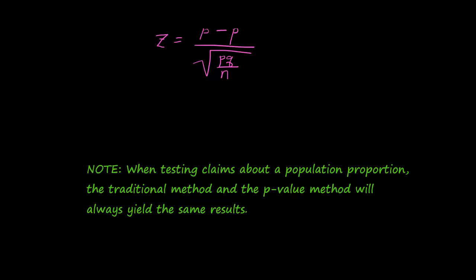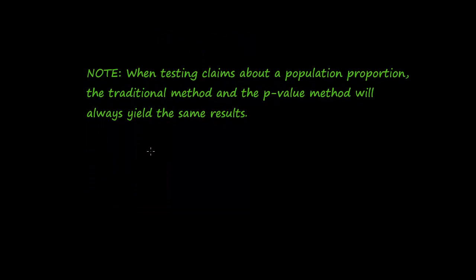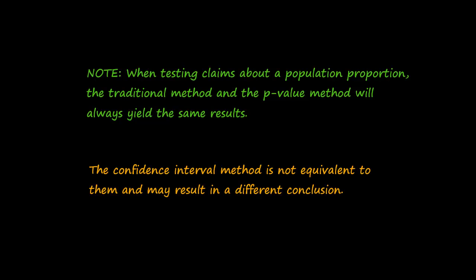Since we will be using the TI-83/84 technology, we will actually do both. Each time, we get the test statistic and compare it to a critical value, and we'll have our p-value to compare to alpha, and those should always agree. So that's great. Another thing to note is that I've mentioned before that we can also use confidence interval estimates to make decisions in hypothesis testing.